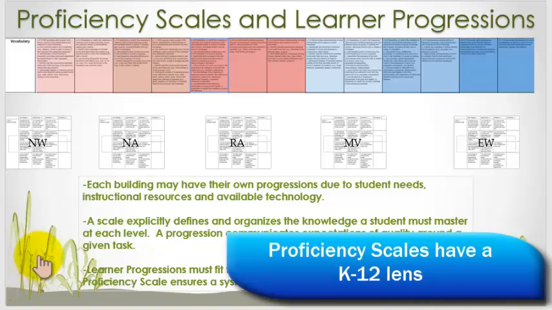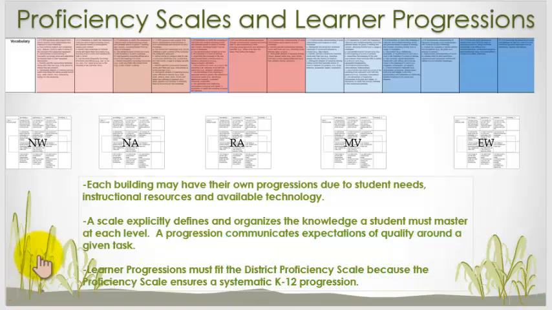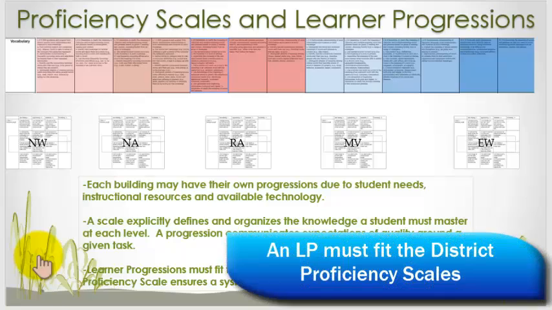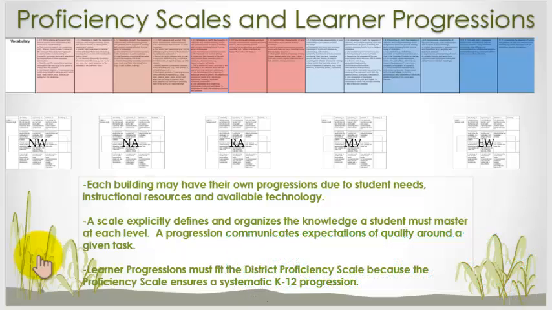So learner progressions, I'm going to say this twice because it's very important. Learner progressions must fit the district proficiency scale, all right? Because the proficiency scale ensures a systematic K-12 progression, all right? So if you've already built some progressions, which we have in my building, we're going to make sure that our progressions are in line with the proficiency scales that the district puts together.